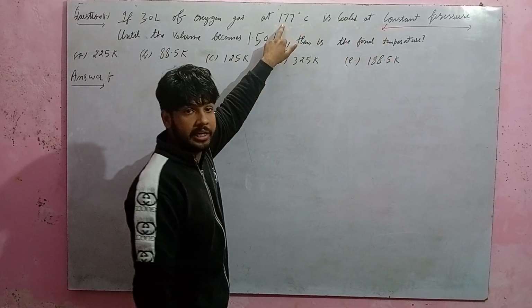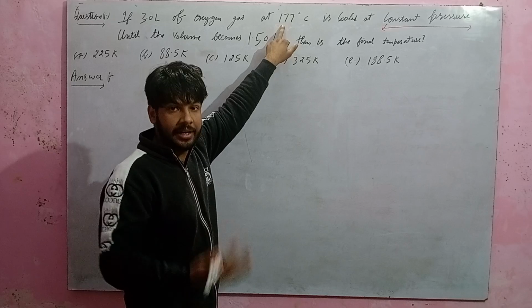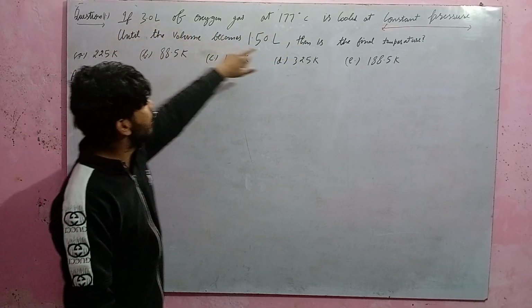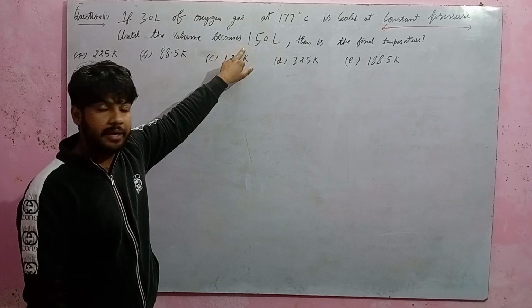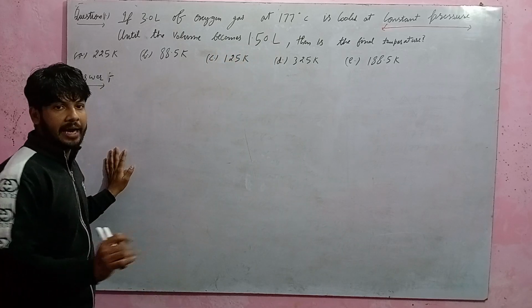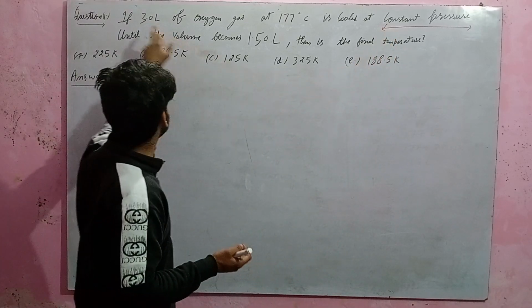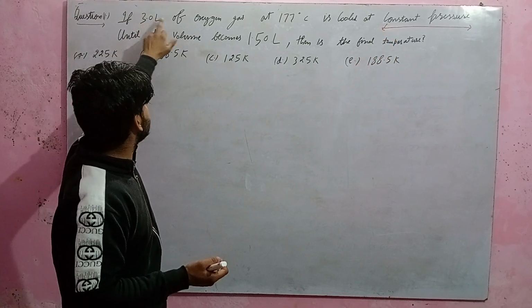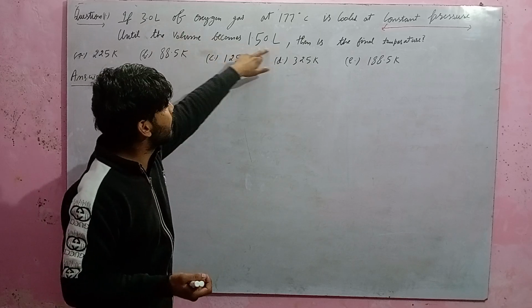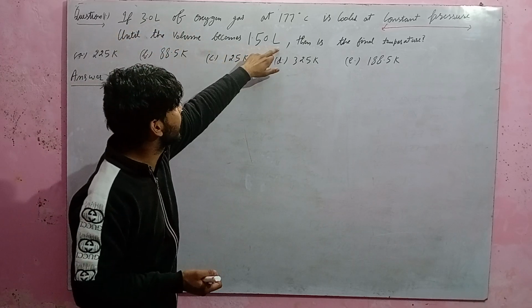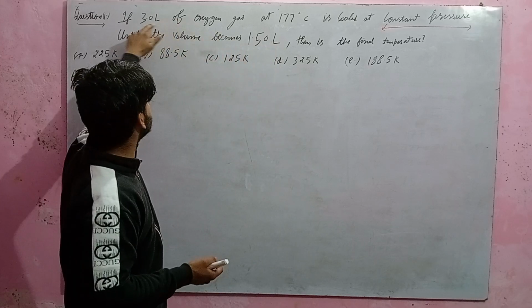from 177 degrees Celsius, when the 3 liter volume of the gas becomes 1.5 liter.